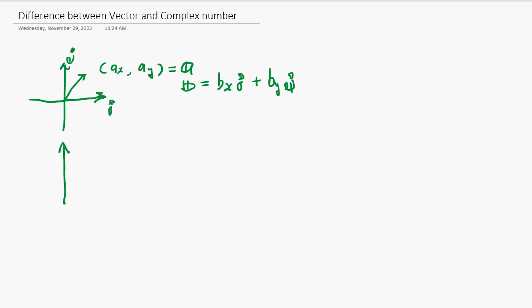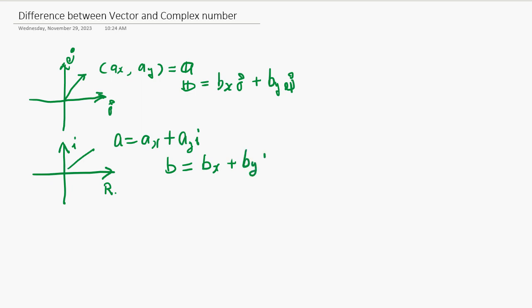Complex numbers use i and real numbers. So complex number A is like ax plus ay i, and B is going to be bx plus by i, and here ax, ay, bx, by are all real numbers.